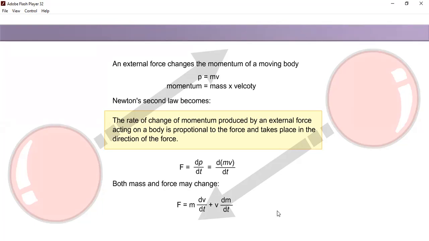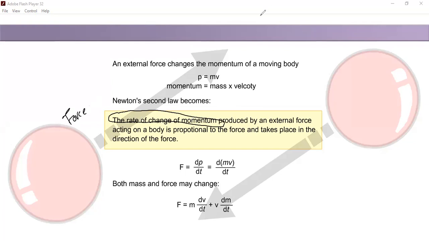Ladies and gentlemen, what is the meaning of the rate of change of momentum here? Newton's second law says that the rate of change of momentum is a force.